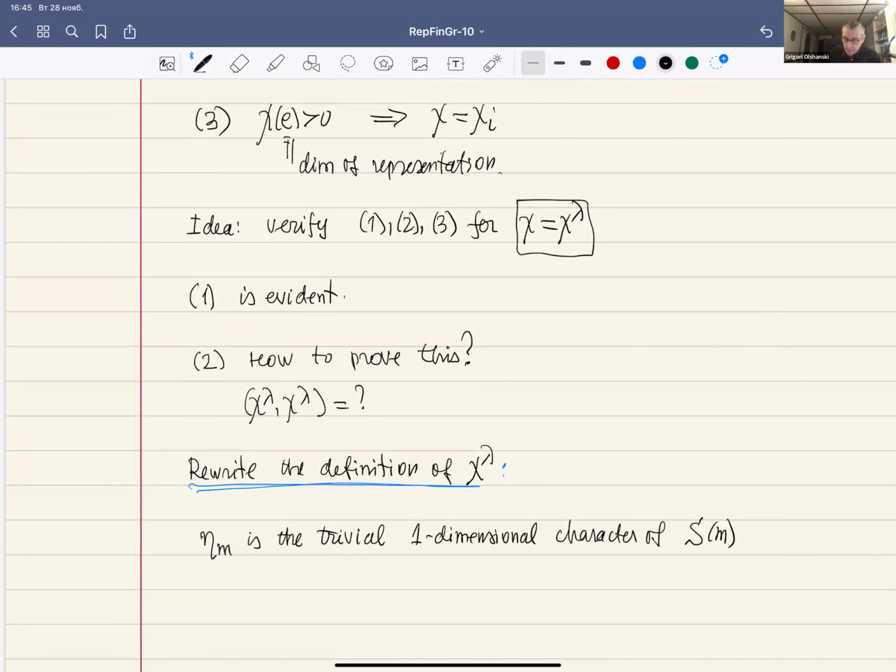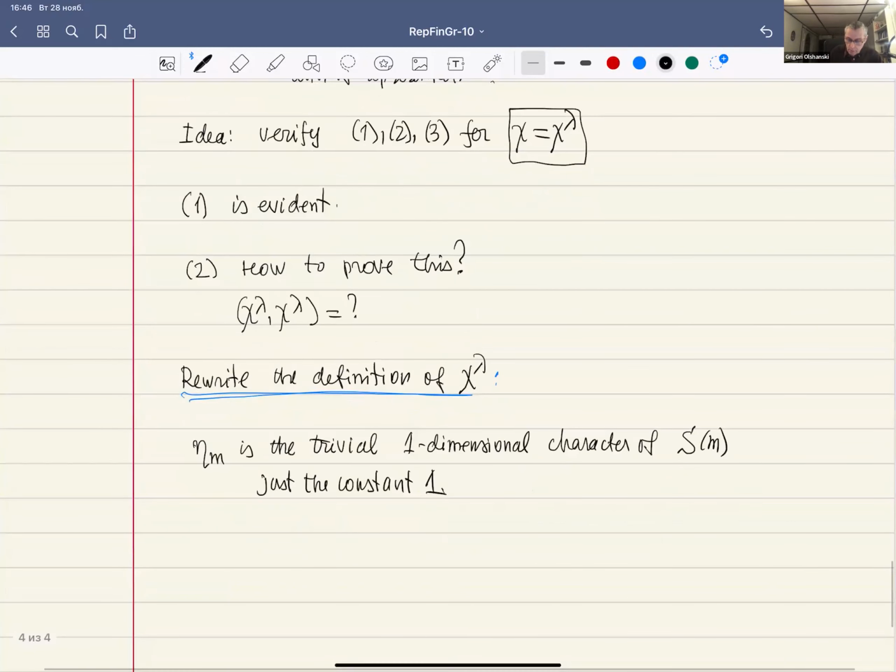This is just the constant function, the constant function equal to 1 on the whole group. Okay. And my definition is equivalent to this one. Chi lambda is the same. I will recall what this is.